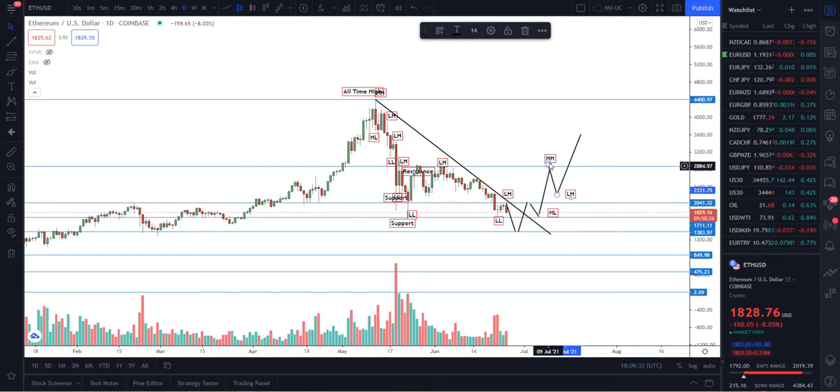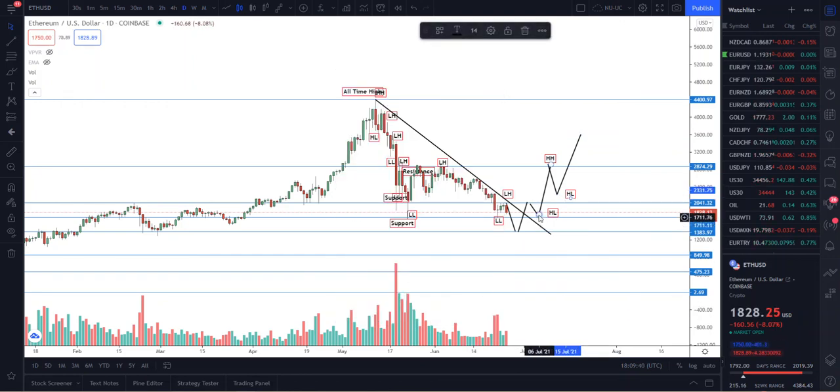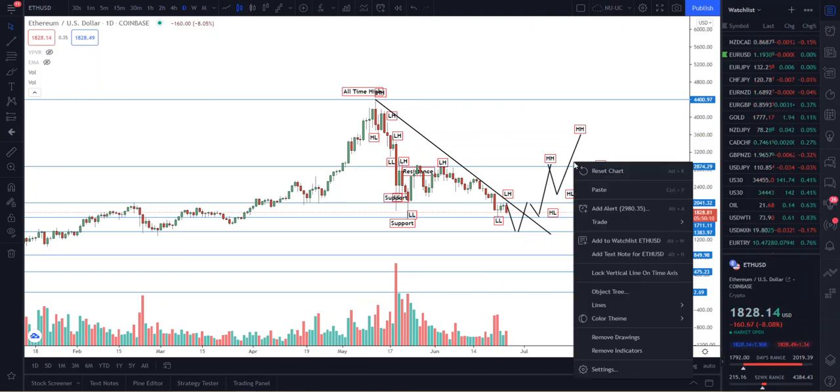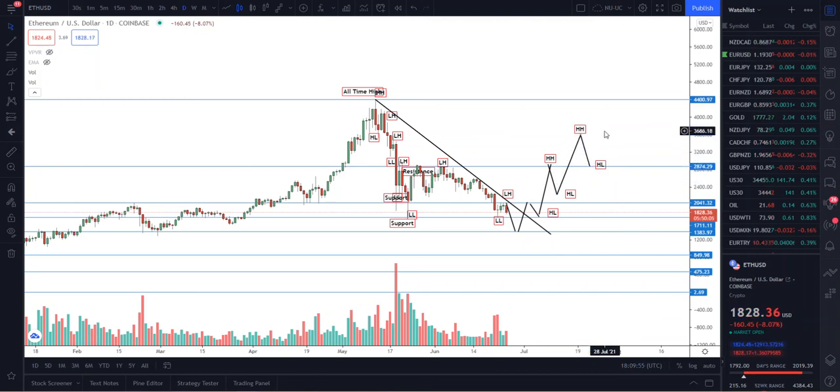So higher low, higher high. Higher low, because it's trading higher than the previous low, and then higher high, and then guess what? As I said, the price might come back down to retest this zone. There we go, and then it might keep going up.